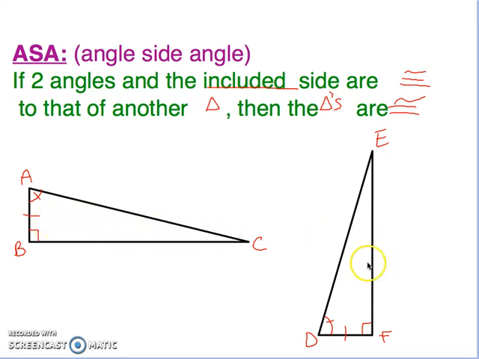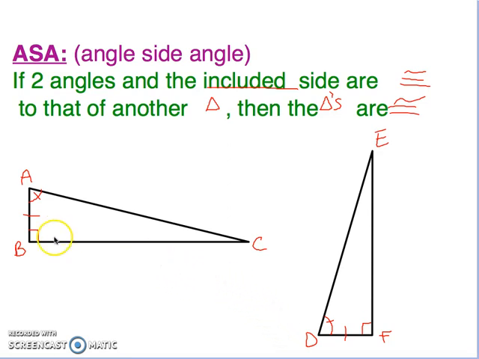Same thing down here. If I were to pick up this triangle and rotate it around, A would correspond with D.